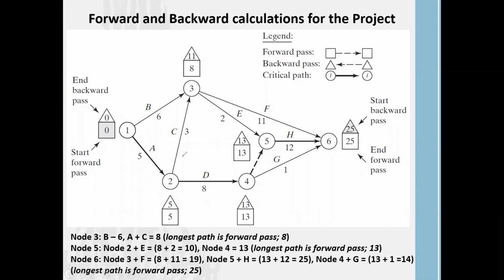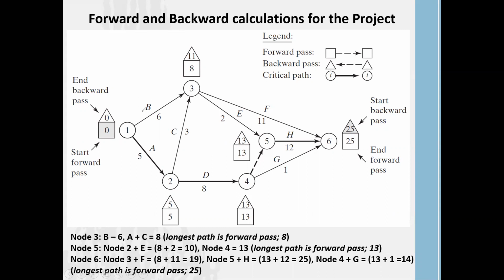In order to complete the project, there are 6 tasks you need to complete, and you have 7 activities to follow. It starts, goes to 3, 2, then 4 and 5, then completes with 6.